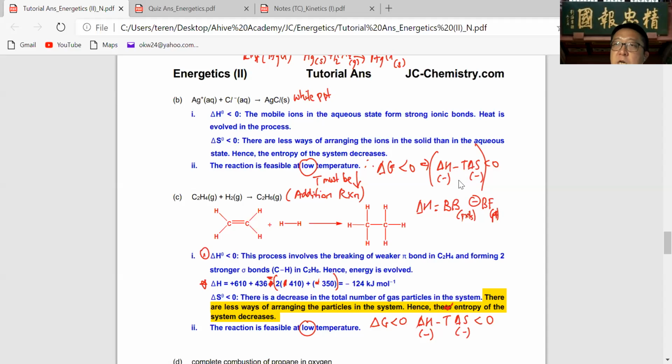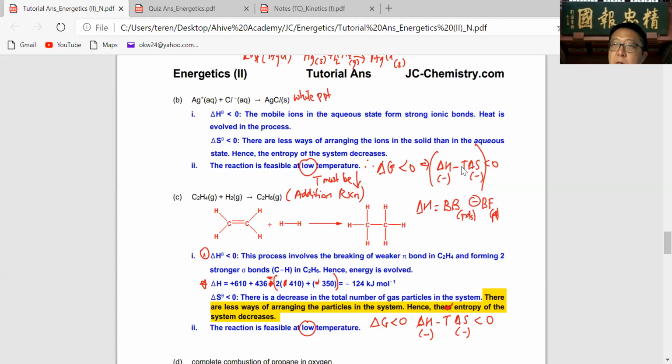Also, you can see that generally we always want a case whereby it's exothermic, minus T entropy, which is positive, because that will result in this portion here. You can see my cursor. This whole thing will end up becoming a negative number.